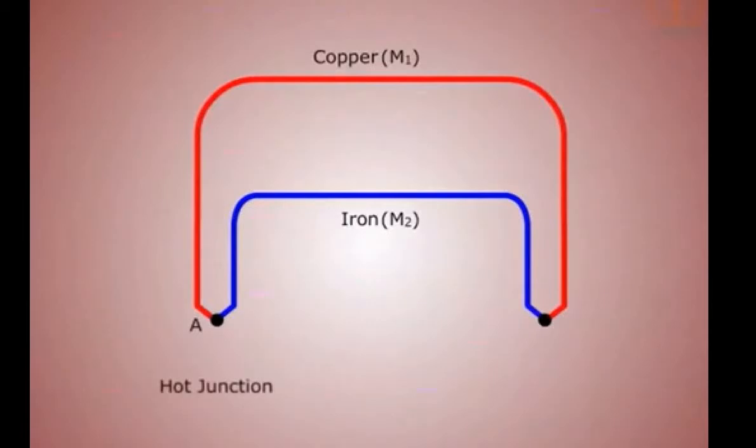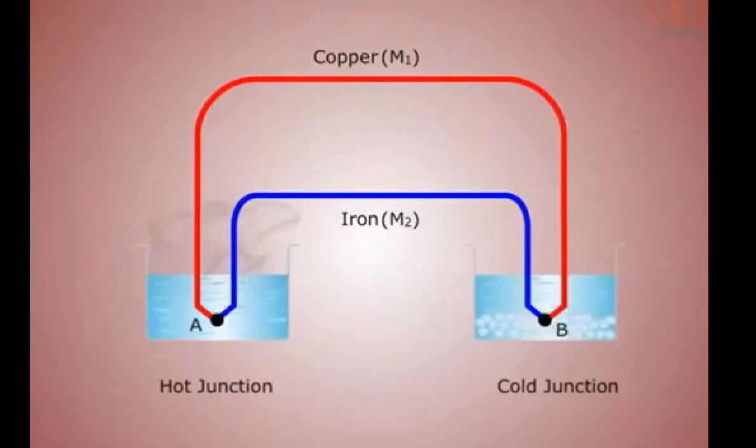The thermocouple consists of two dissimilar metals, M1 and M2. The heated part is the hot junction. Junction B is in contact with the body whose temperature is known, and this junction is always called the cold junction.